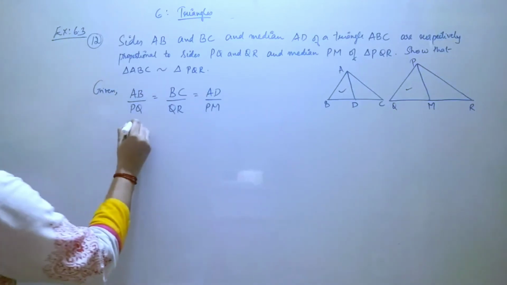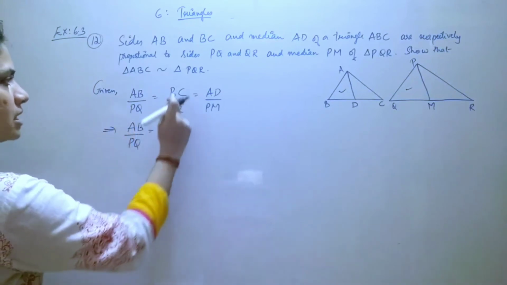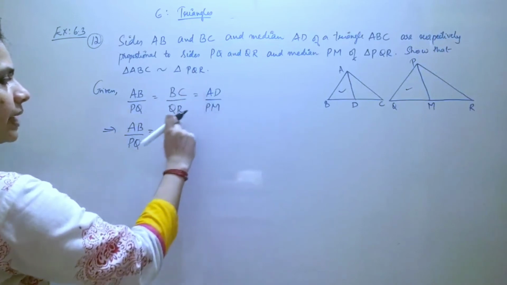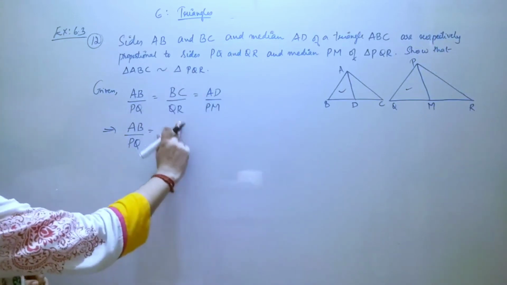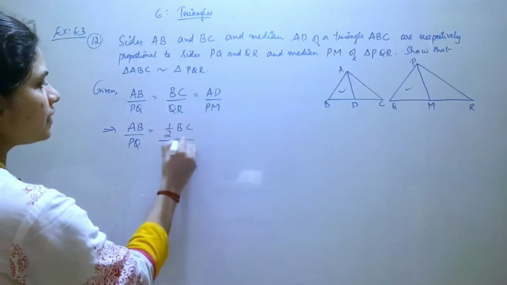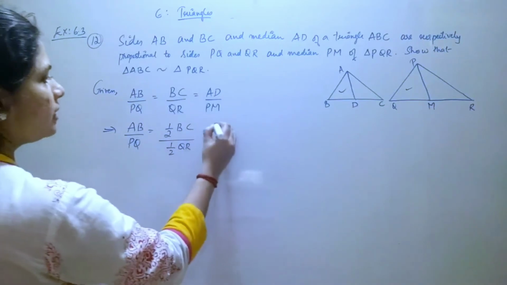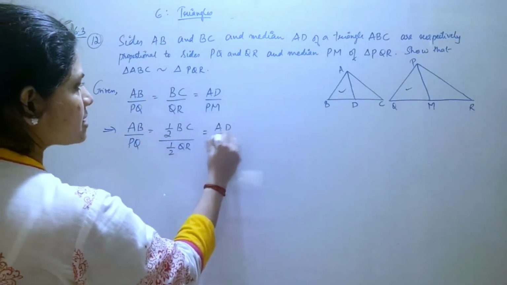So what we are doing is taking the same ratio, but just multiplying the numerator and denominator with half in this one. Okay, that means half of BC divided by half of QR will not change the value. Again, this is written as such.